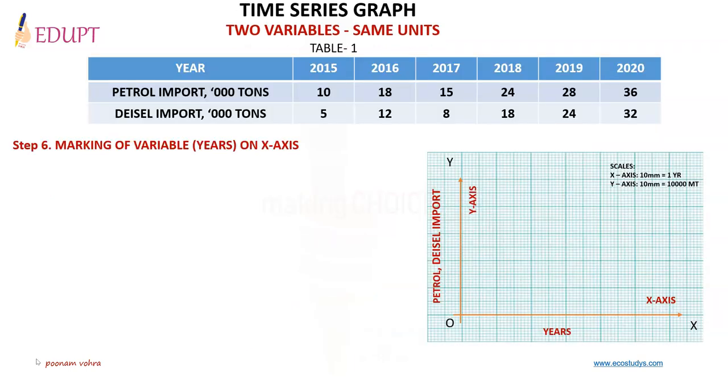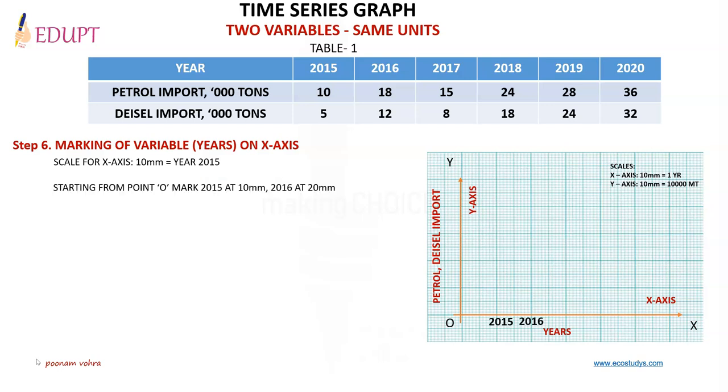Then you need to mark the variable, which is years, on x-axis. The first point would be at a distance of 10 millimeters, representing year 2015. Then the next point would be at a distance of 20 millimeters, representing 2016, and so on, mark till 2020.